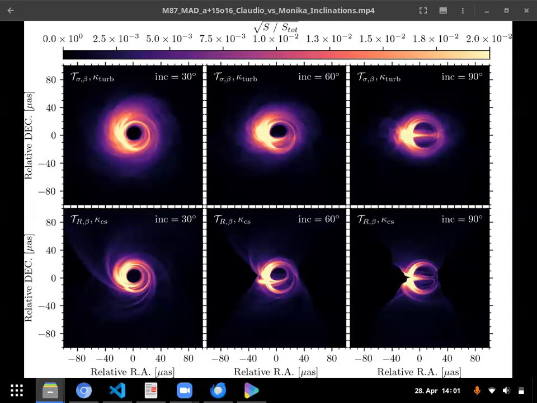In terms of the physical interpretation, I think what's very nice is the disk-dominated emission, which is what we also have in the image. The emission from M87 at 230 gigahertz is clearly disk-dominated. And we have this clear disk domination in Claudio's temperature prescription.